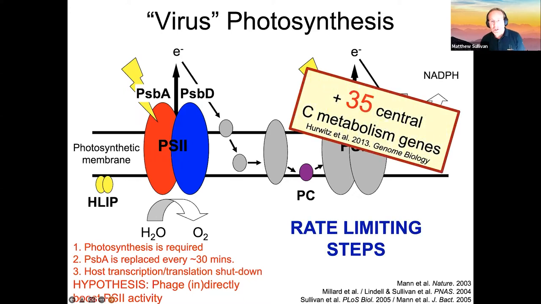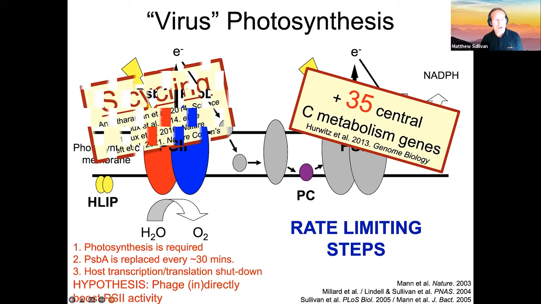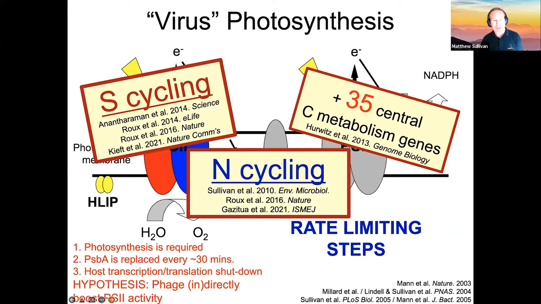Now, when you get beyond cultures and you use viromics, you can screen and find there are 35 central carbon metabolism genes in viruses spread throughout the Pacific Ocean. And no virus has all of these central carbon metabolism genes. They only have a few. There are also, in the rest of the oceans, sulfur cycling genes and nitrogen cycling genes.